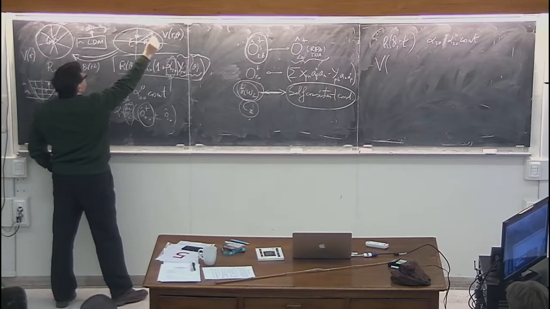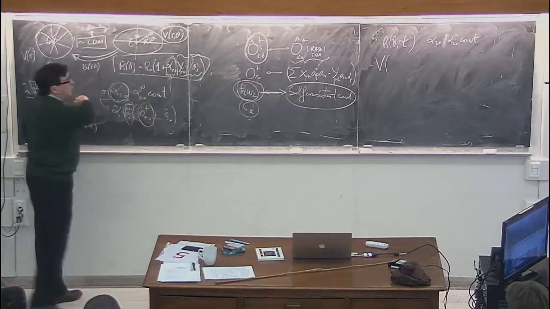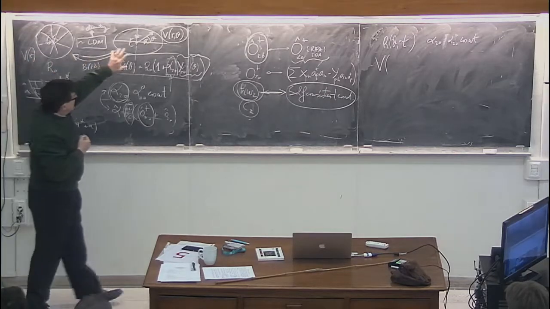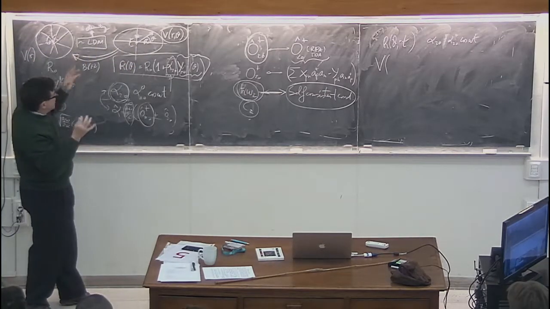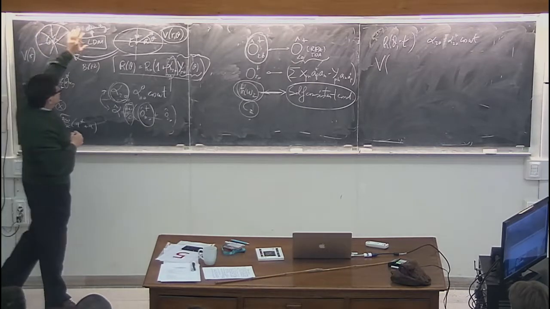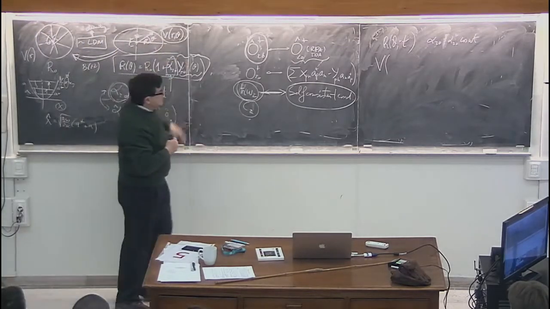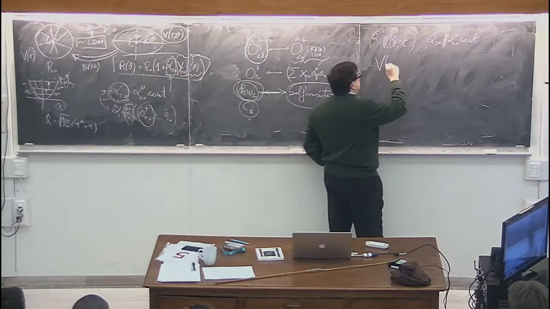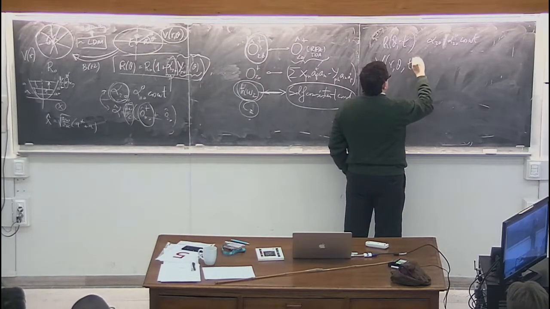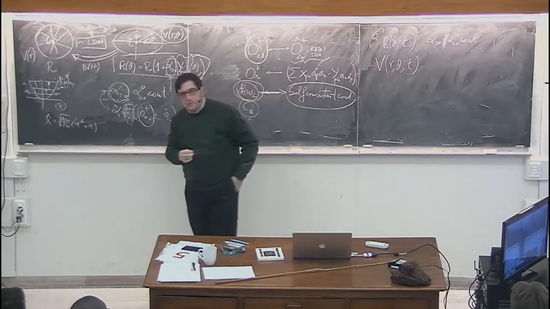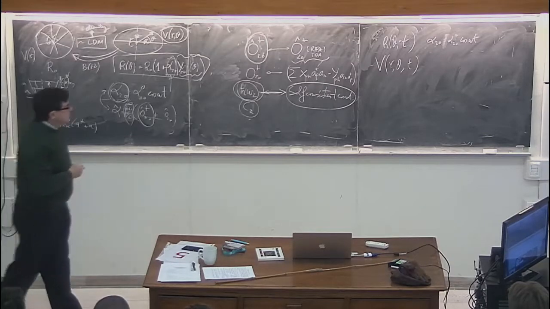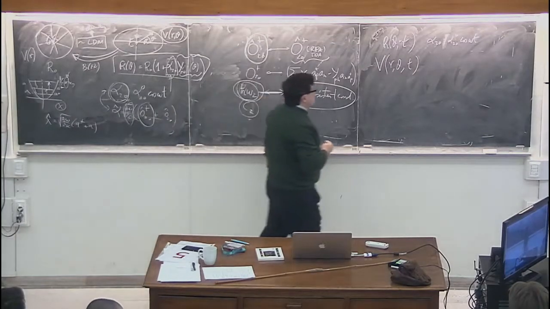If you have a potential that depends now on the angle and varies with time, and if the deformation is small, so if this amplitude is small, you can treat this as a perturbation in the original potential.